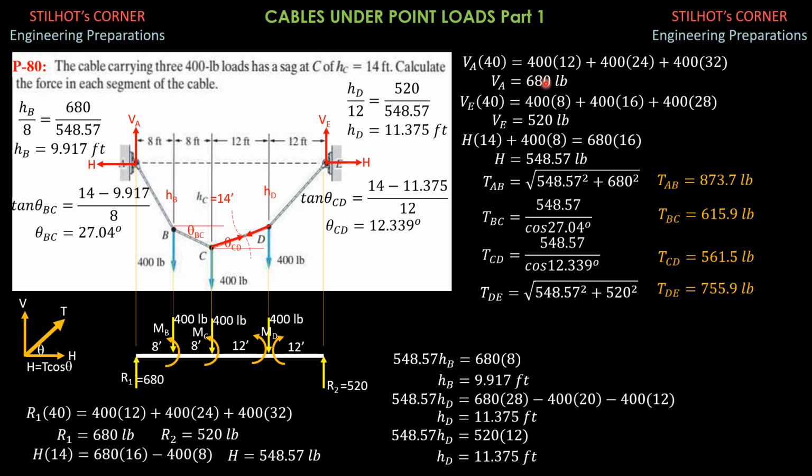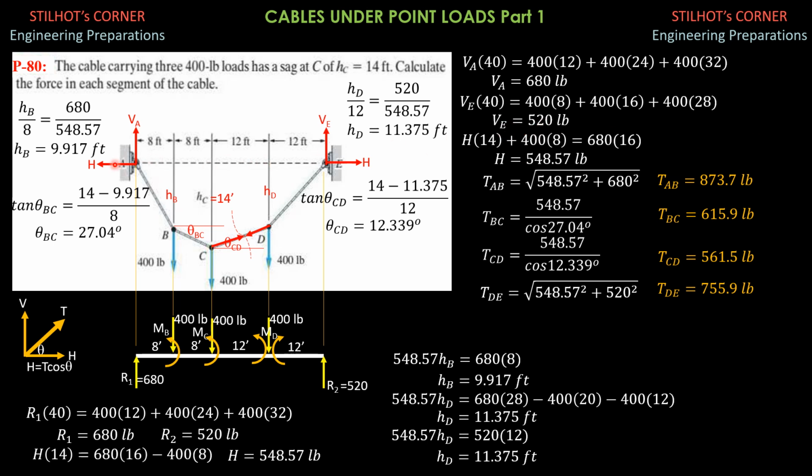So V sub A therefore is 680 pounds. Likewise, summation of moments about A equals 0, counterclockwise positive, so V sub E times 40 equals 400 times 8 plus 400 times 16 plus 400 times 28. So V sub E is 520 pounds.